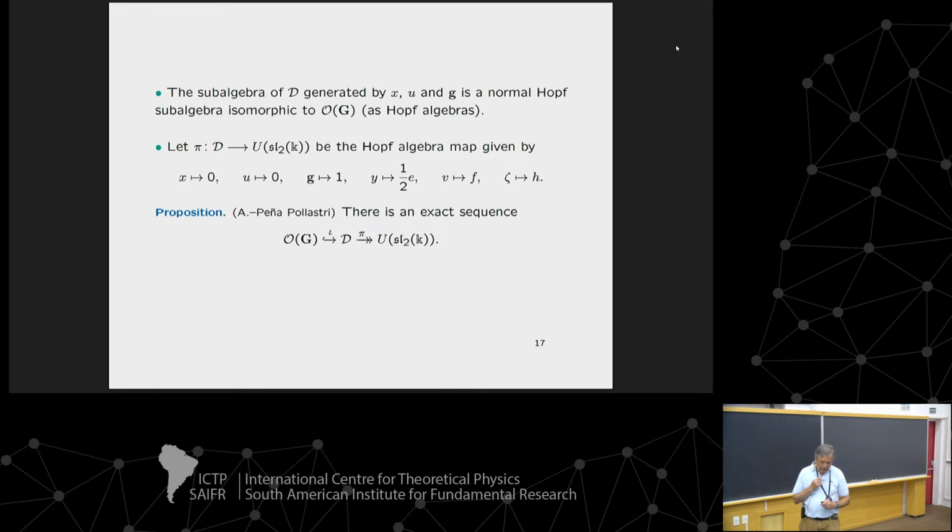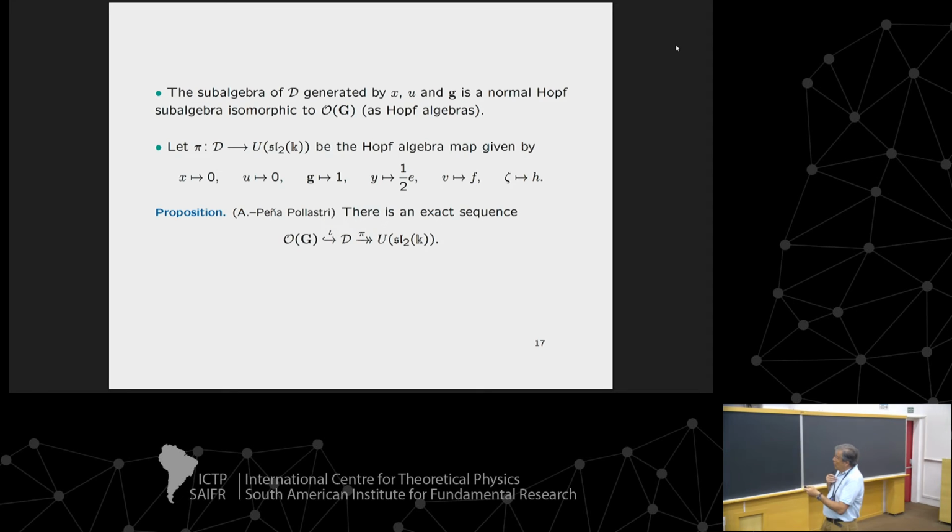On the other hand, I have a map pi from D to the restricted enveloping algebra U of SL2K, given as before by x going to 0, y going to 0, g going to 1, the same rule as before. And we have the following proposition.